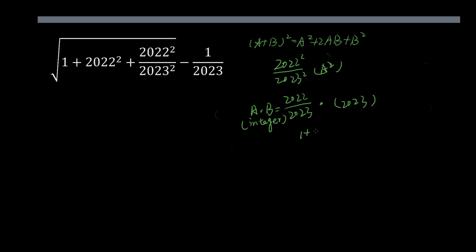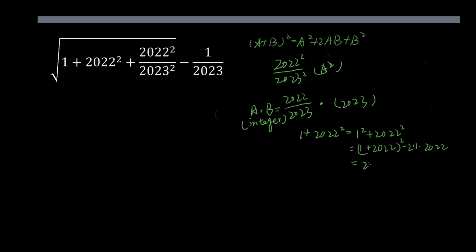1 plus 2022 squared is equal to 1 squared plus 2022 squared. That is 1 plus 2022 whole squared minus 2 times 1 times 2022.